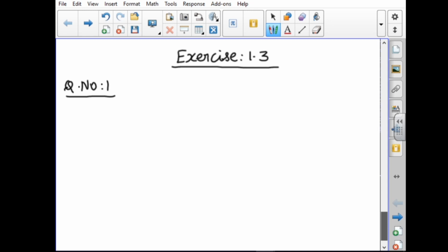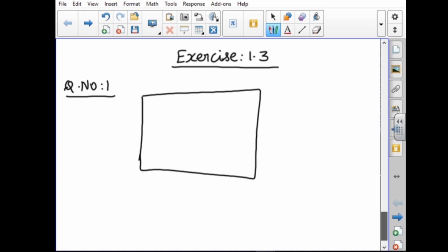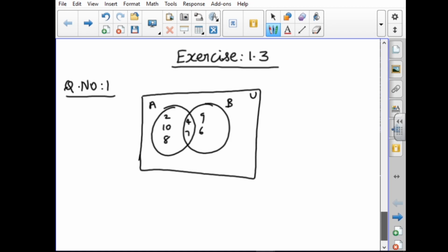Using the given Venn diagram, write the elements of the following. The Venn diagram is given, with the universal set, set A and set B, containing 2, 10, 8, 4, 7, 9, 6, 3, 11 and 1 and 12.